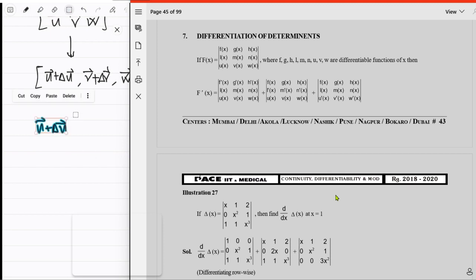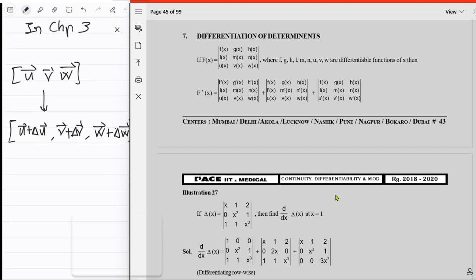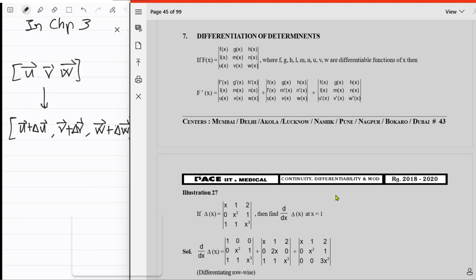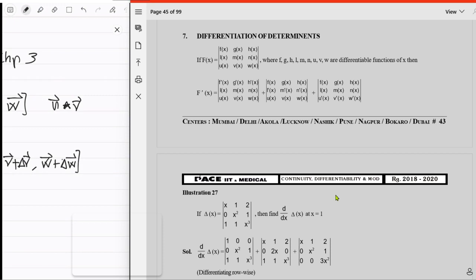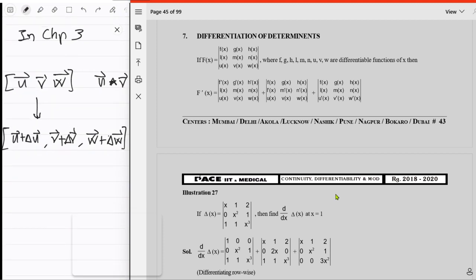Actually, just write this determinant first like that. I just want to explain what's going on. So it's u vector star v vector star w vector. What are the properties of this star thing? It is distributive and it is associative, but it is not commutative, right? So those are the properties of this star. Now, using that, you can write this thing.